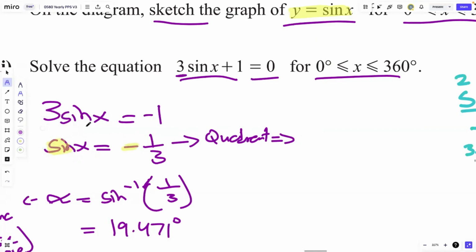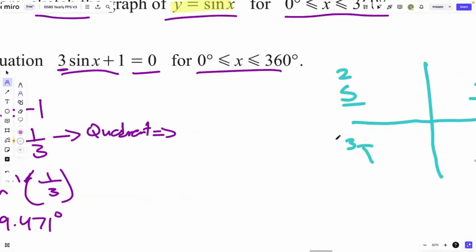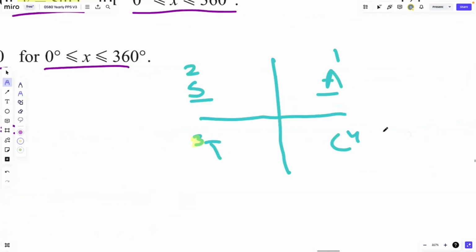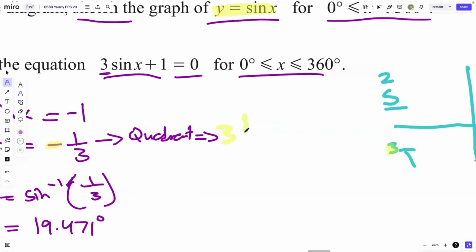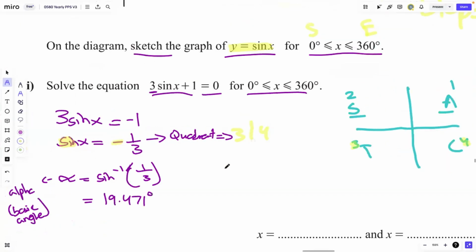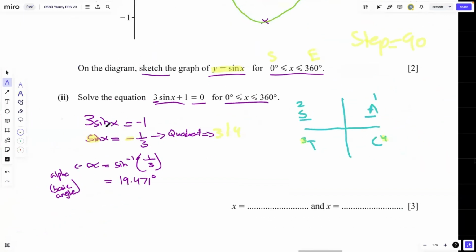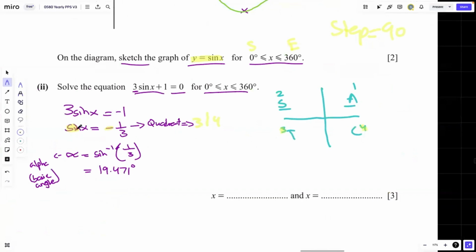So that means the quadrant is sine negative. Where do we have sine as negative? In the third and the fourth quadrant, because sine is negative in the third and fourth quadrant.